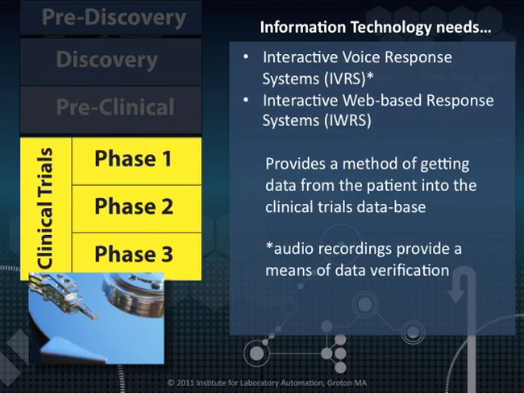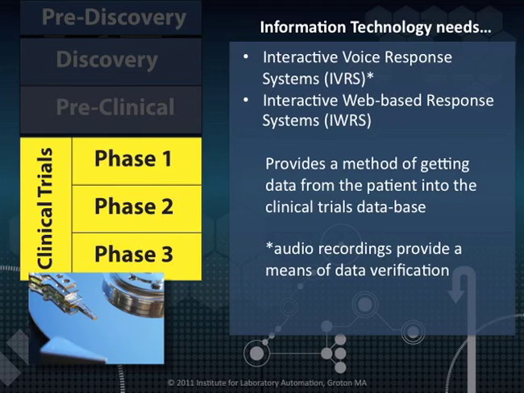Two of the technologies currently being used consist of interactive voice response systems, which prompt the patient volunteer to answer questions and provide descriptions, which are interpreted by speech recognition systems or manually transcribed. With the wide availability of web-based systems, people can log into a website and enter the data needed as the study progresses.